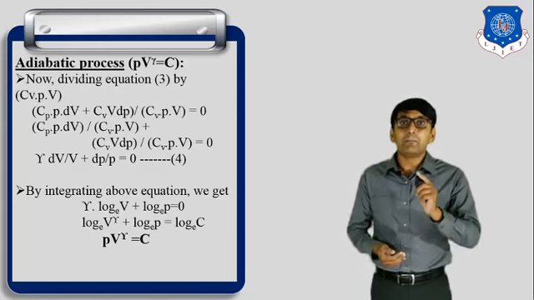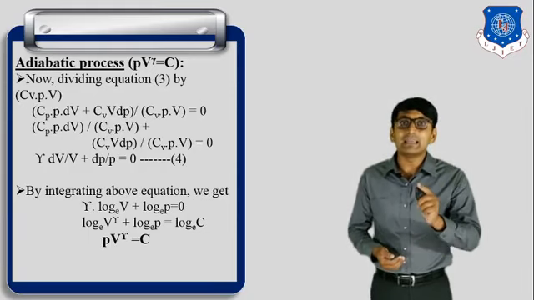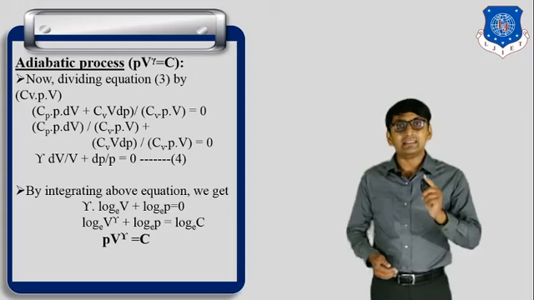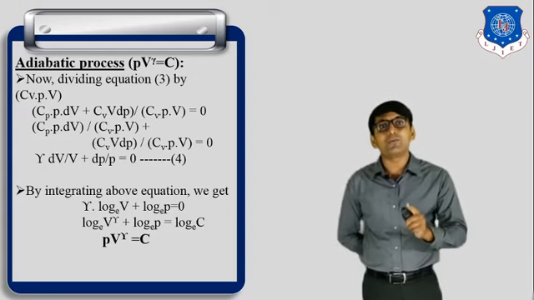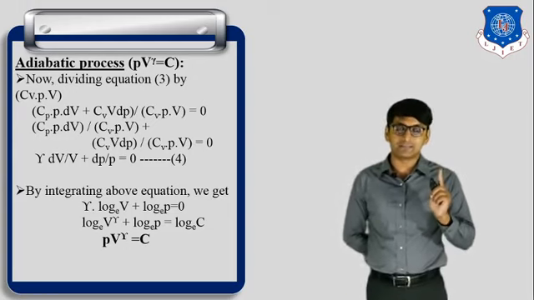So we get PV raised to gamma is equal to C, and that is the equation of the adiabatic process.